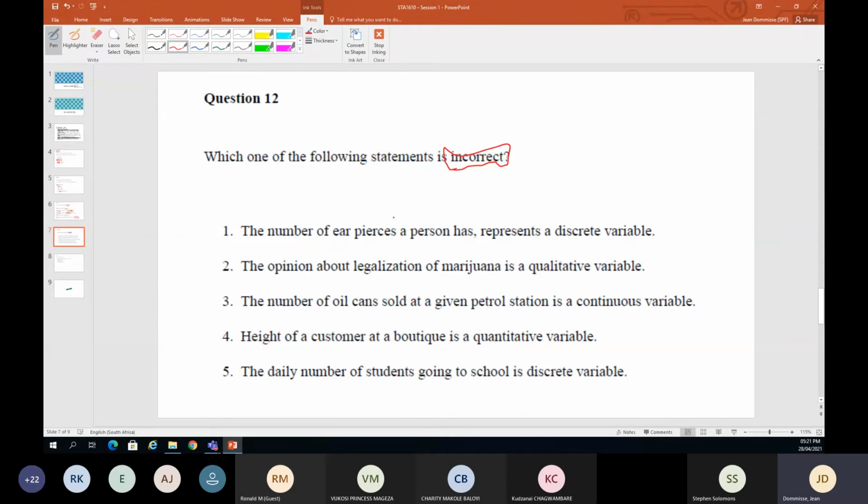Again, important, we're looking for the incorrect one. Yes, Charity. I will say the incorrect one is number 3. Okay, so you say the incorrect one is 3.